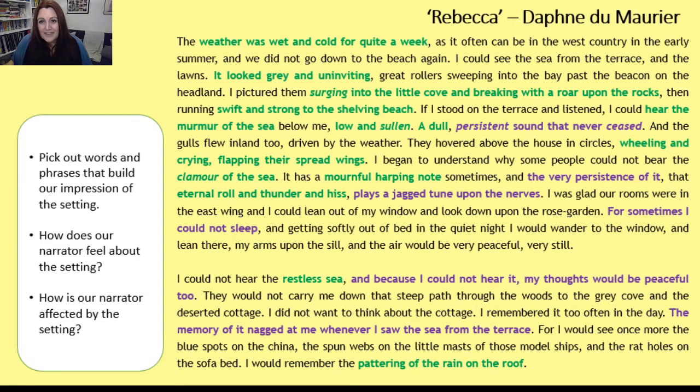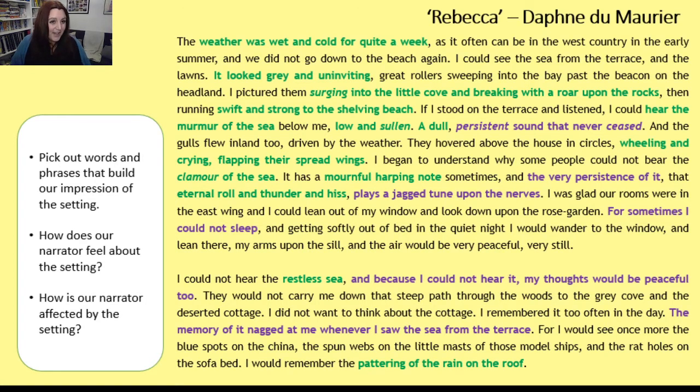And then in this second paragraph, we get this idea: and because I could not hear it, my thoughts would be peaceful too. So at this point in the room, the sea cannot be heard, and therefore the thoughts are peaceful.